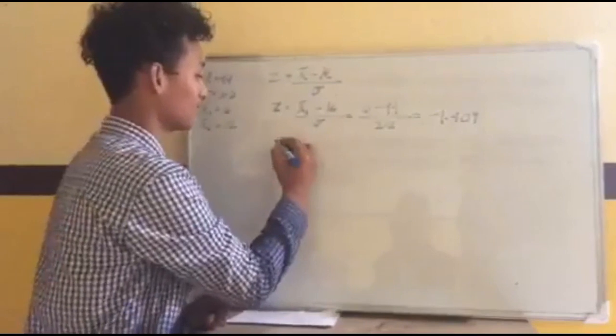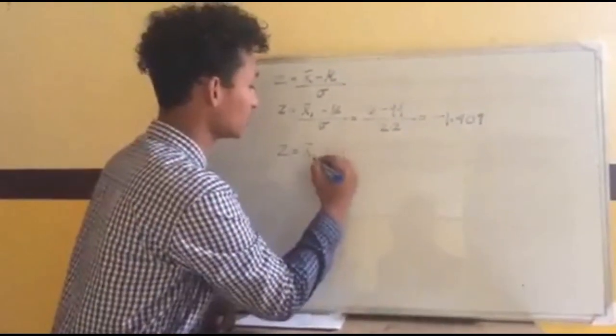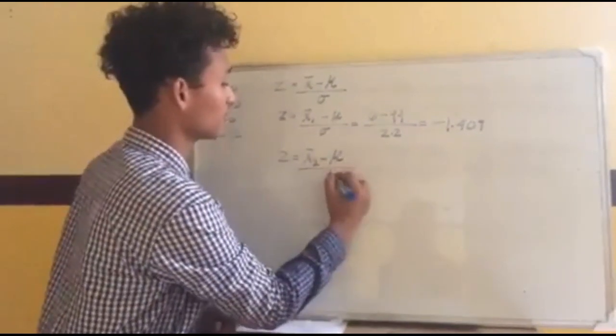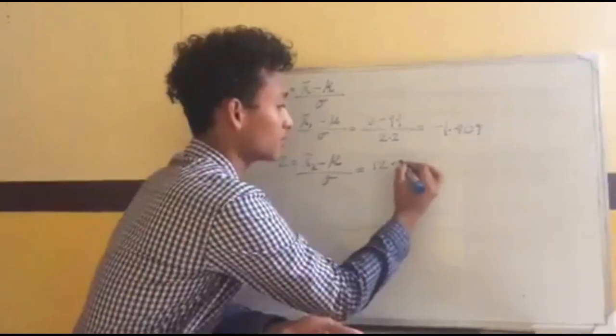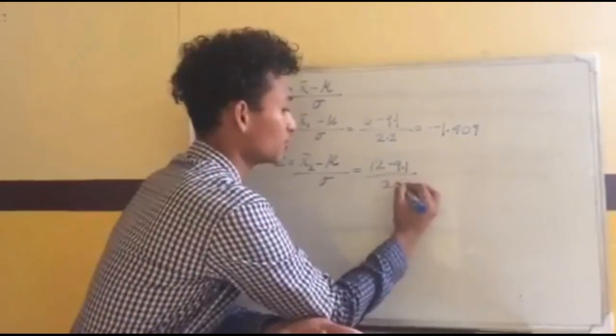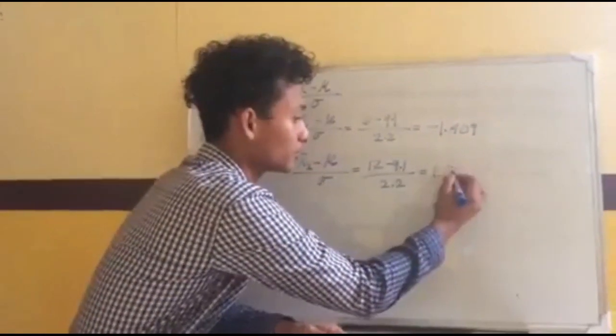And the second one would be z is equal to the sample value 2 minus the mean over the standard deviation, which is equal to 12 minus 9.1 over 2.2, and is equal to 1.318.